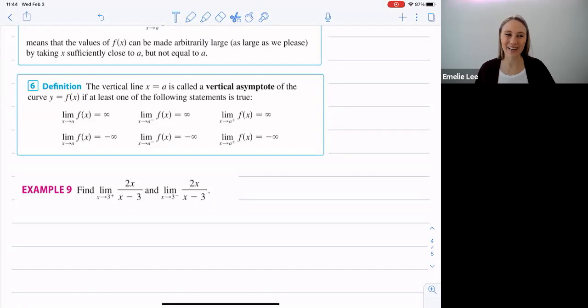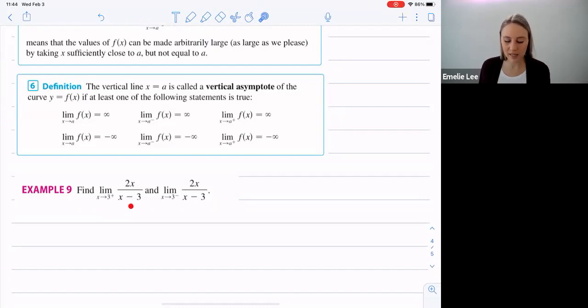Desmos has kind of let us down on one of those assignment questions where we weren't able to see, but overall Desmos is still really good. So if you're looking around x equals 3 for 2x over x minus 3, let's just graph it in Desmos just to see what this thing looks like.